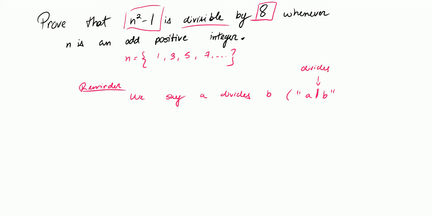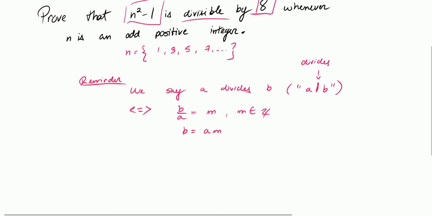So you read this as A divides B. We say that A divides B if and only if, this is a two-way statement, B over A is equal to M, where M belongs to the set of integers. Or people also write it as B equals AM.